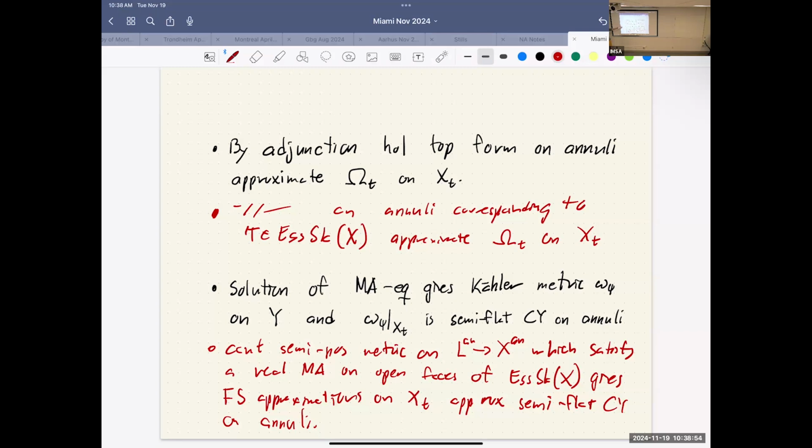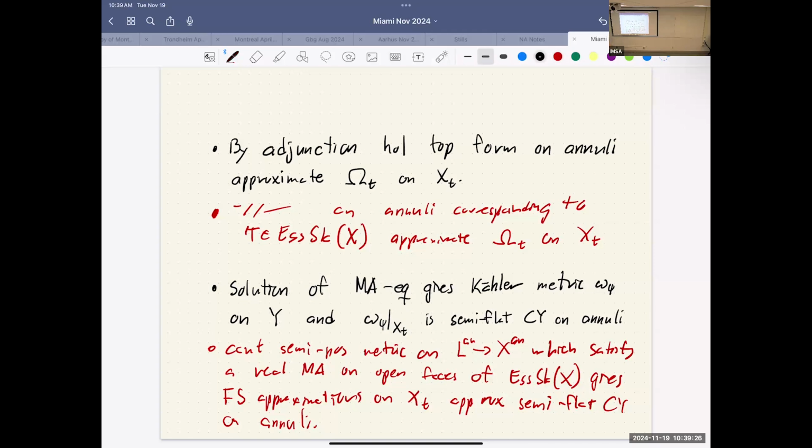This is a non-Archimedean object, and the way to pull this back to something which actually lives on our Calabi-Yau manifolds, to put it back from the non-Archimedean world to the Archimedean world, is to first approximate it with Fubini-Study metrics, which is this algebraic object: global sections of L over X. Then you use these algebraic objects to produce these Fubini-Study metrics on X_t.